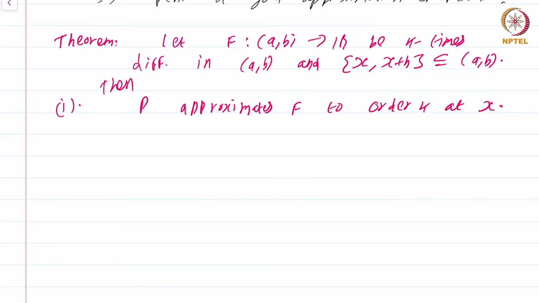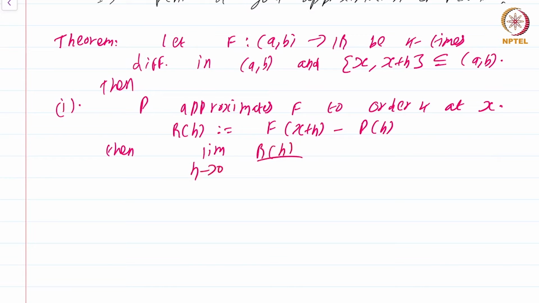What does this mean? This means if you define r of h to be f of x plus h minus p of h, then the limit as h approaches 0 of r of h by h^k converges to 0.